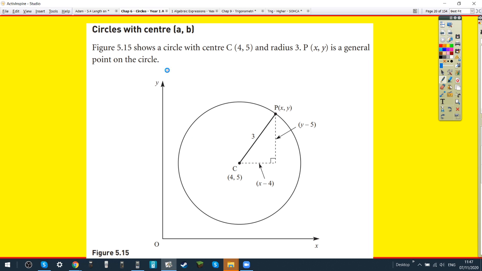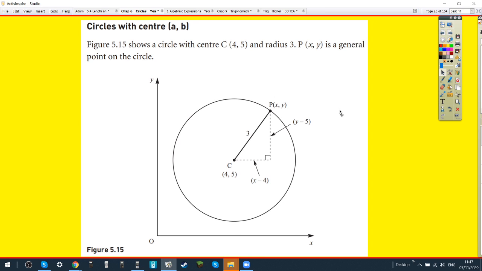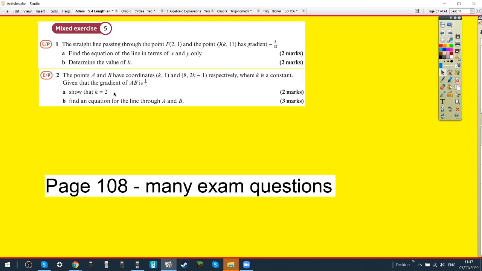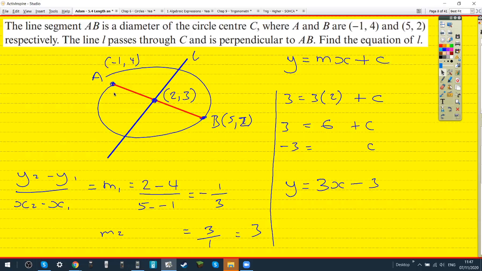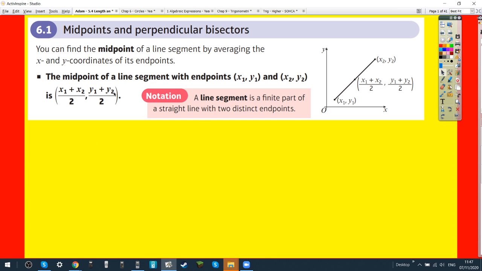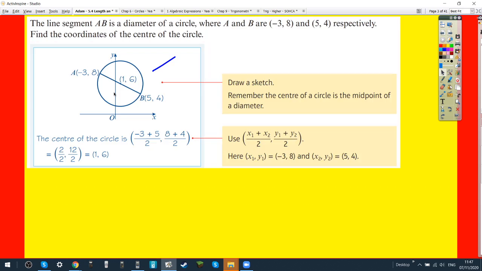Oh, the equation of a circle. It is not the length. Okay, equation of a circle. So this is going to be totally different. Hang on, before you might hate me too much, this was the old one.